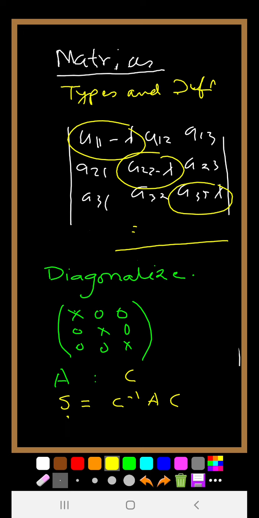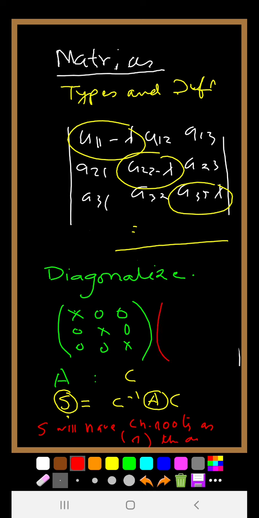If this is the case, then we say that this is the diagonalized form of A, and S will have the characteristic roots as the diagonal elements. That means S will have the lambda values, or the eigenvalues, as the diagonal elements.